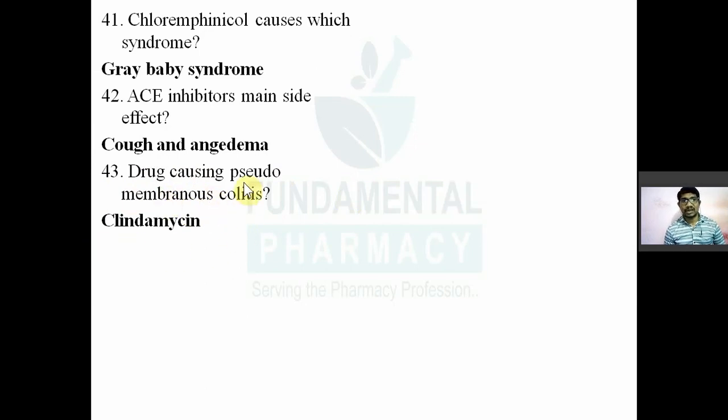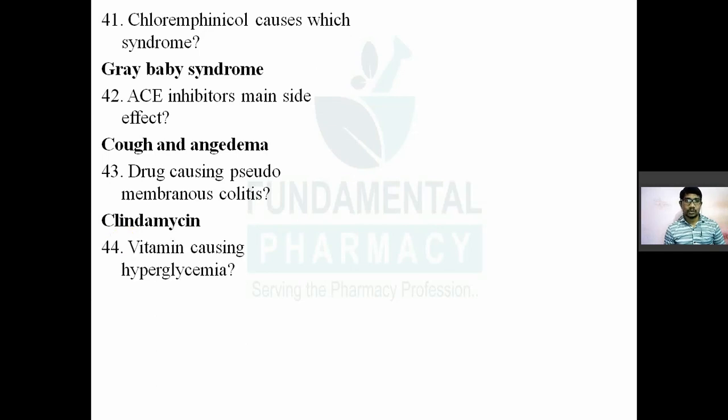It is one of its adverse effects. Again, this clindamycin is used in the treatment of acne vulgaris, the boils that come on your face. It is a drug of choice in treatment of acne vulgaris. Clindamycin. Okay, remember.